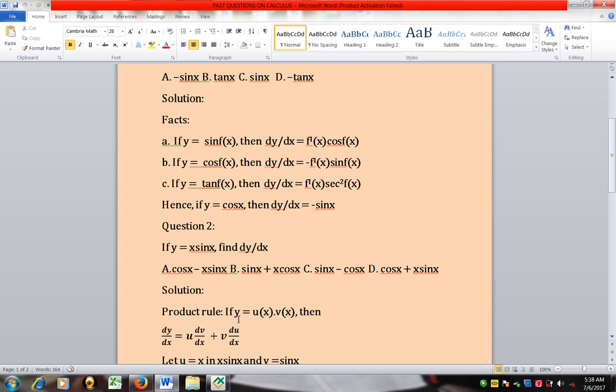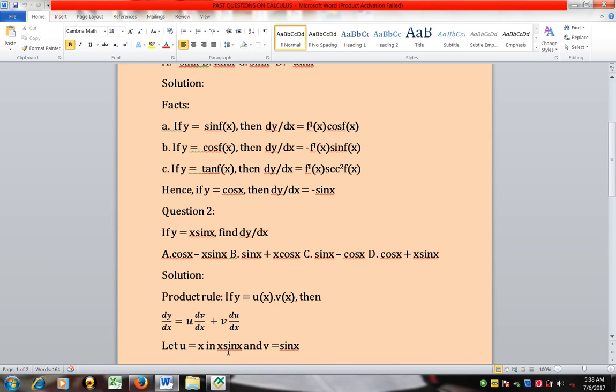And the product rule states that if y equals u of x times v of x, times is product, then dy/dx will be u times dv/dx plus v times du/dx. Right, so our u is equal to x, that's the first one here in the question, and our v is sine x.